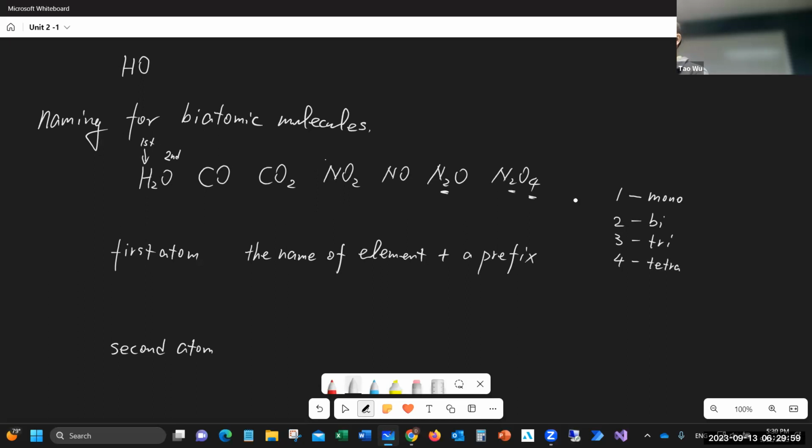Penta for 5. 6 is hexa. 7 is hepta. 8 is octa. 9 is nona. 10 is deca.